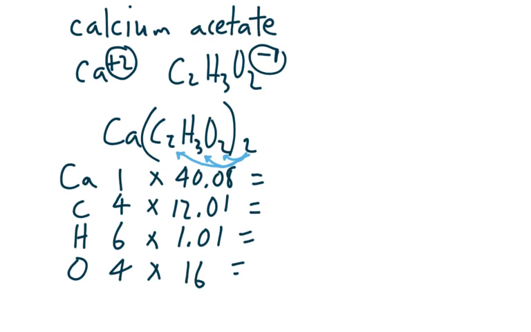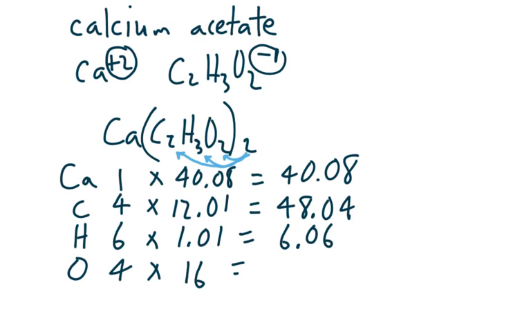The first one stays the same, 40.08 times 1. The next one, 12.01 times 4, is 48.04. And then hydrogen is 6 times 1.01, which gives us 6.06. And then oxygen is 16 times 4, which is 64.